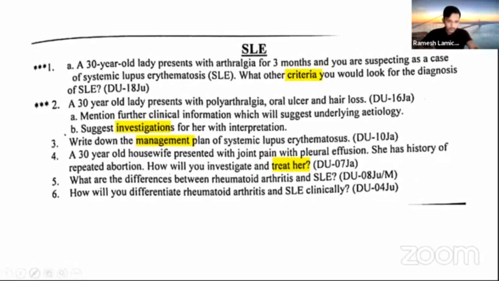So let me talk to you about the mnemonic. MD SOAP BRAIN. M is for malar rash, and D is for discoid rash.